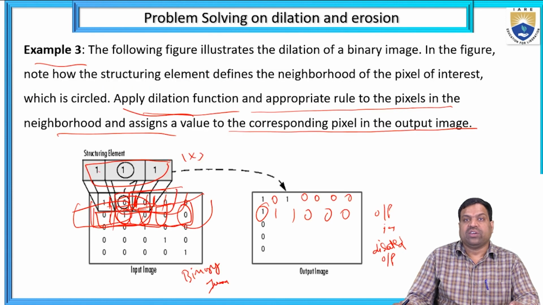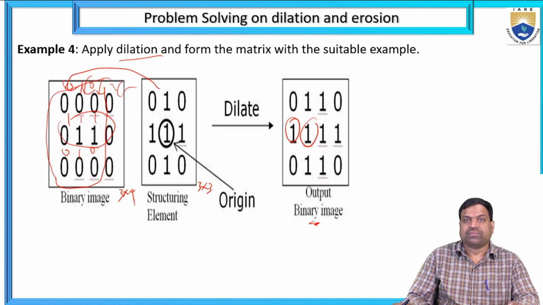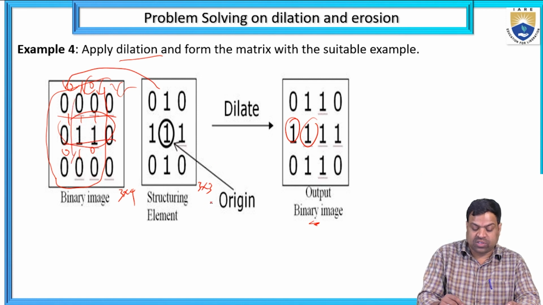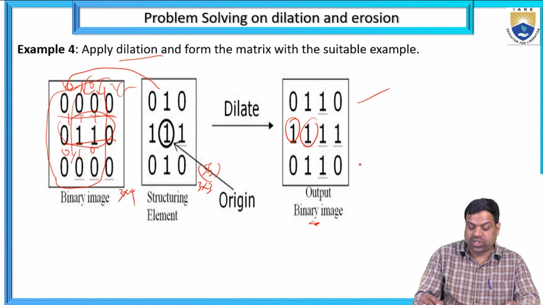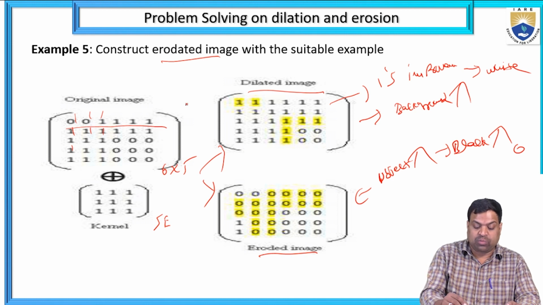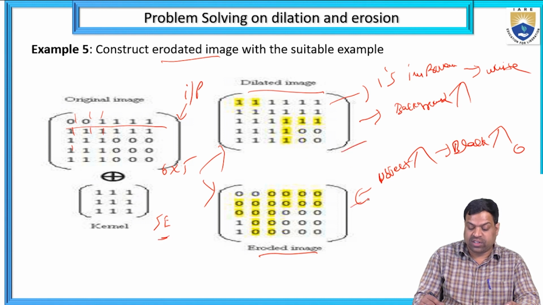This is one example of applying dilation. Here I am taking a matrix of 3 rows and 4 columns, with a structuring element SE, and using this input we get the output and the dilated output. This is the construction of eroded and dilated images: the input is the original image, then the structuring element, dilated, and eroded.